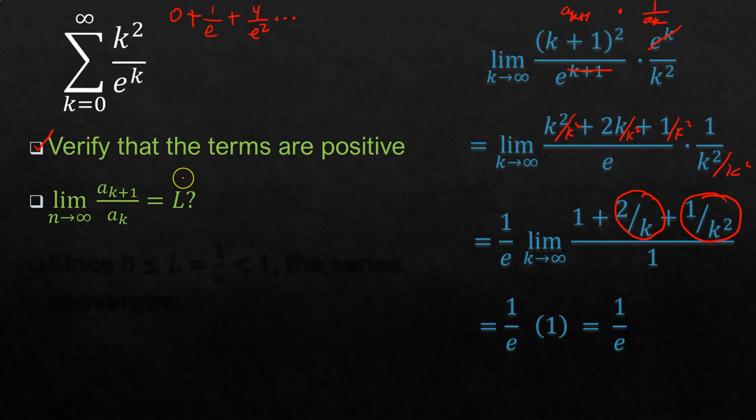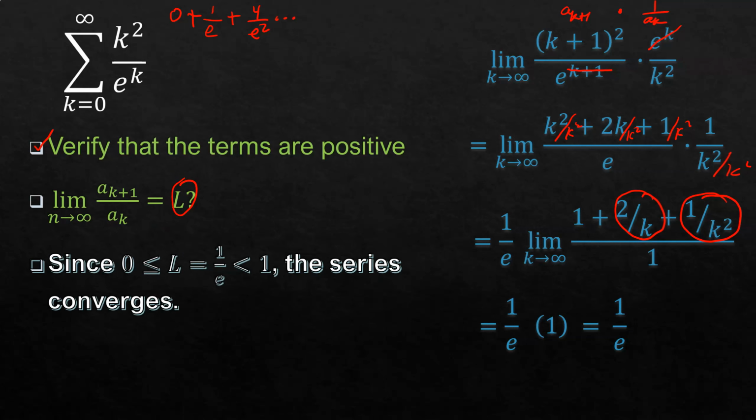So we know L is 1 over e. 1 over e is less than 1, because e is approximately 2.7, so 1 over e is roughly 1/3, which is less than 1. So the series converges by the ratio test.